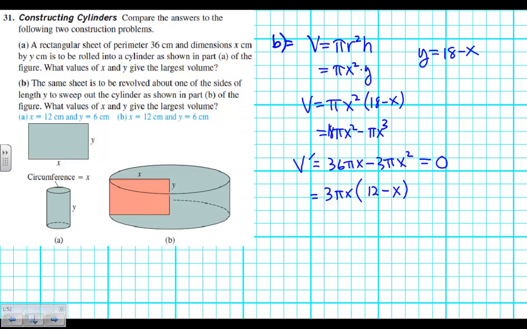Yep. Which means that x equals 0 is a critical value. I don't think it's going to maximize anything. And then x equals 12, and its counterpart y equals 6.